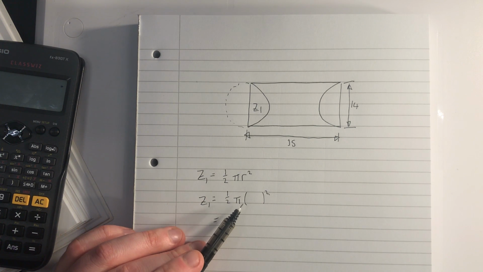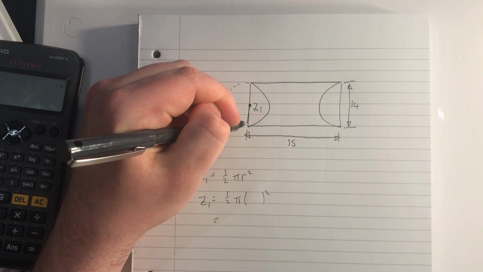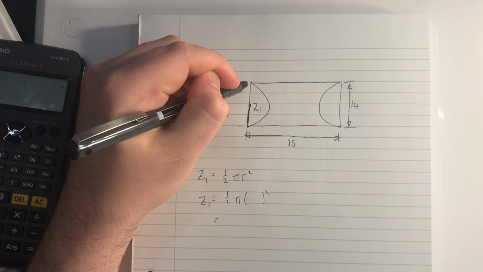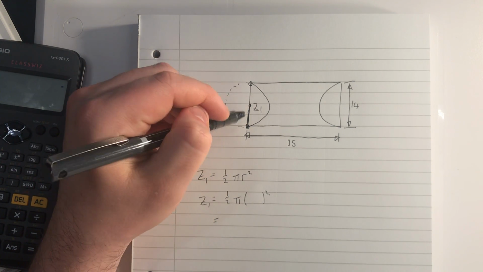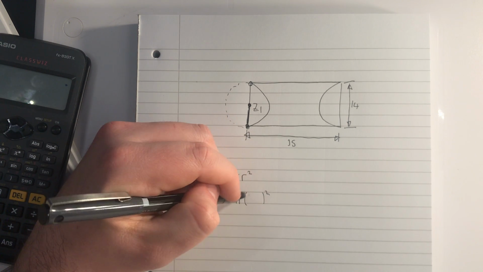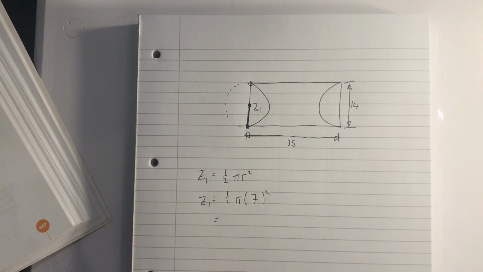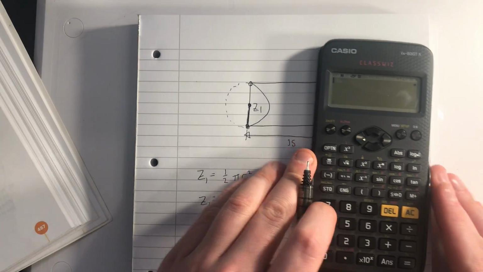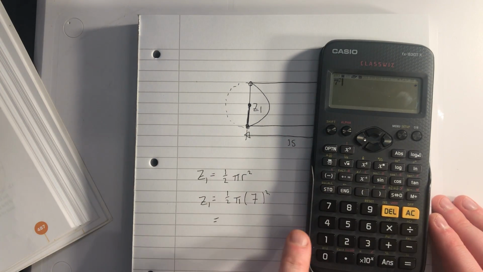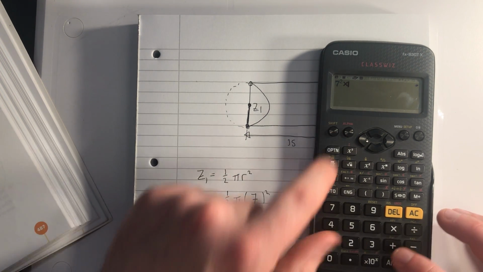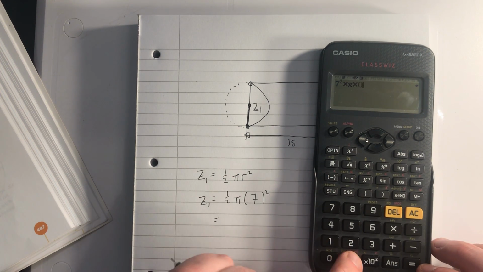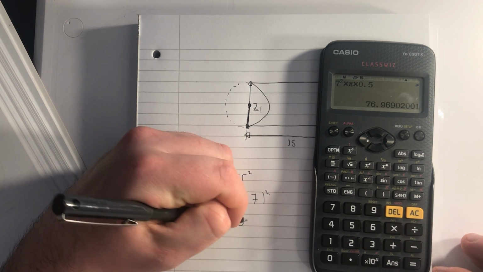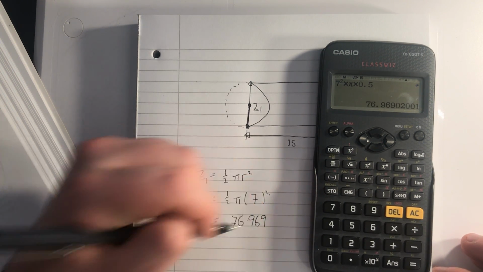R is basically the radius of this semicircle. Now, if it's 14 from there to there, well then it must be 7 from there to there, okay? So the radius is going to be 7. So it's 7 squared. So I'm going to do 7 squared multiplied by shift pi multiplied by 0.5, and that gives me 76.969.